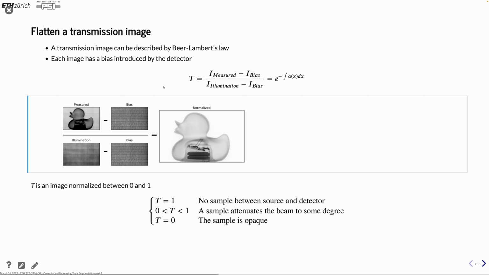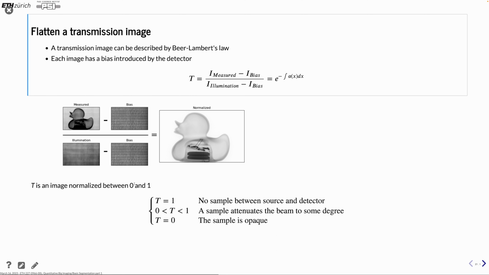So normally, when you want to compute your transmission image, you compute the division of the measured image minus the bias image, and then you take the illumination minus the bias image as well, because this bias is included in every image. And the transmission image gives you this exponential of the integral through the material of different attenuation coefficients. Once you normalize it, then you have a very nice image.